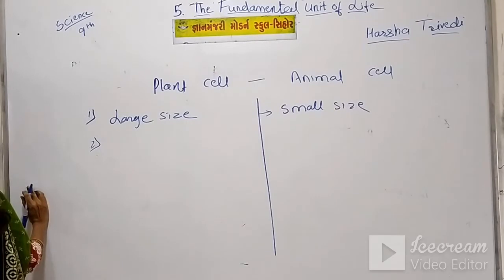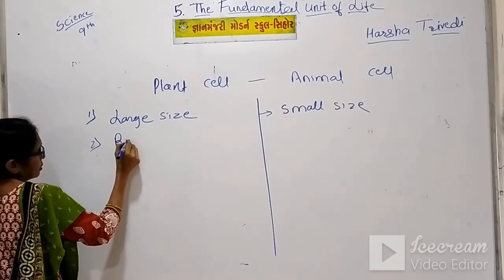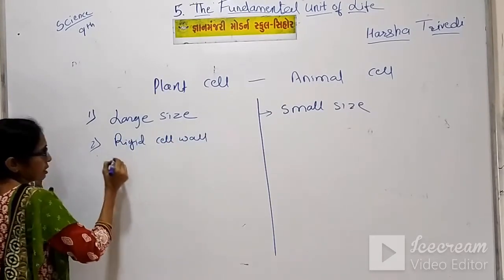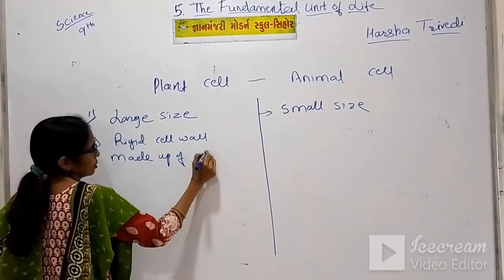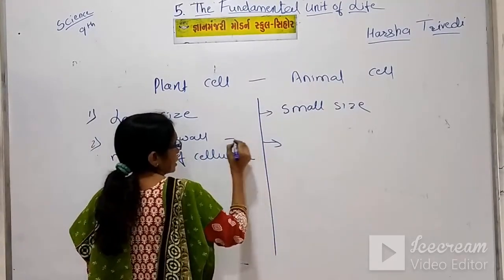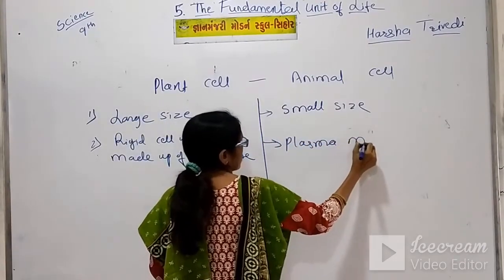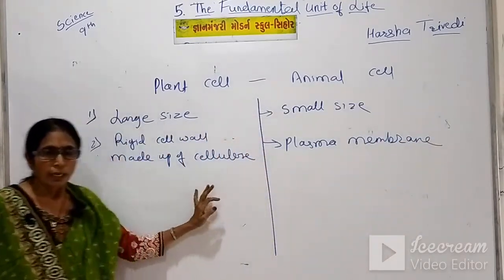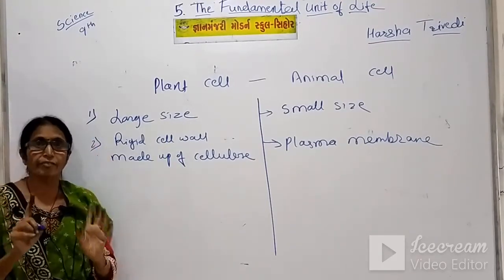Second point, rigid cell wall. As we discussed, made up of cellulose, and only plasma membrane is there. So, due to the rigid cell wall, it also has a fixed shape.